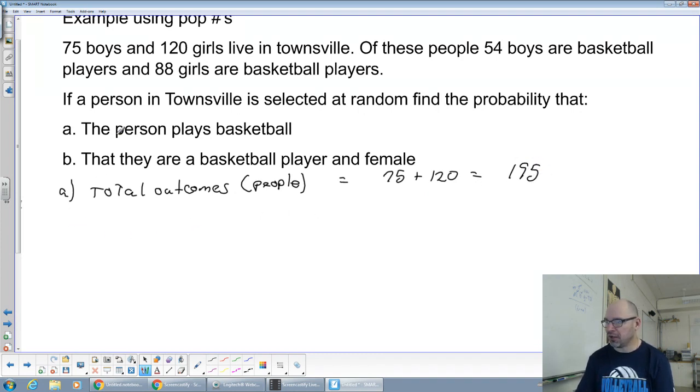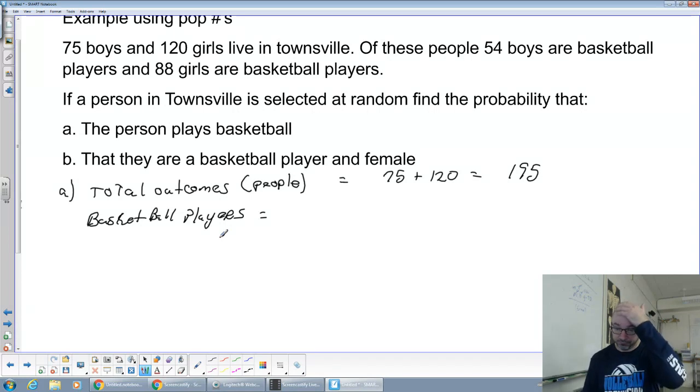Now we need the person plays basketball. So basketball players. Okay, the basketball players are going to be 54 boys and 88 girls.